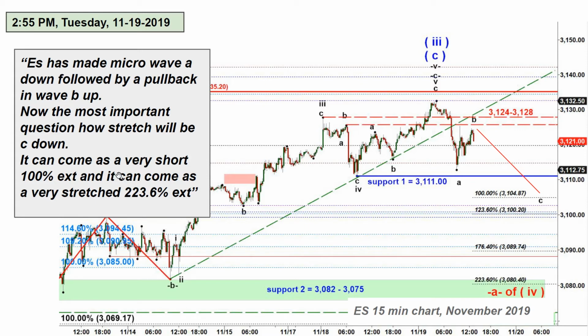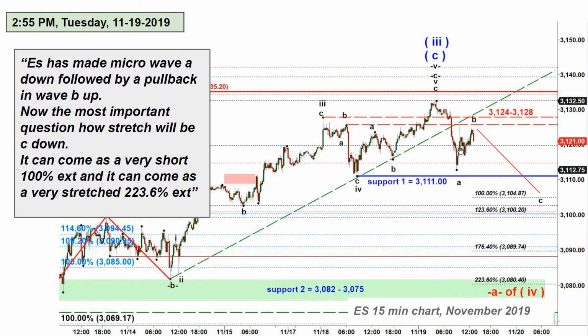It can come as a very short 100% extension, and it can come as a very stretched 223.6% extension. So the very same principle we apply to that ABC up to nail the top of that final subwave C, we apply to that ABC down.